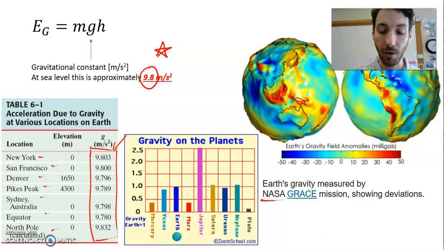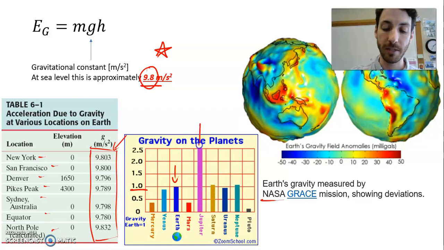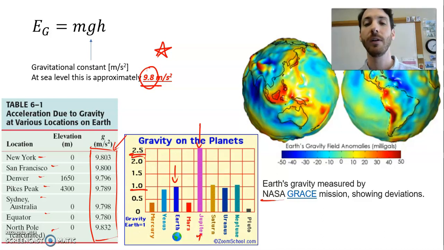Note that also on Earth, we might have a 9.8 meter per second squared acceleration or gravitational field strength. But on different planets, we're going to have vastly different numbers. So Jupiter, we have 2.5 times that value. And again, this just depends on Jupiter's radius and its mass as well. For our cases, 9.8 is a pretty good approximation.